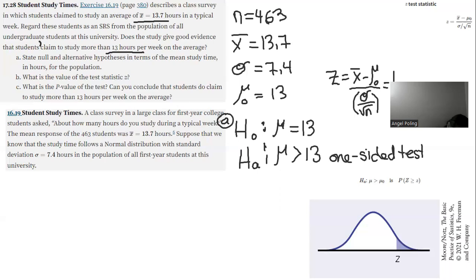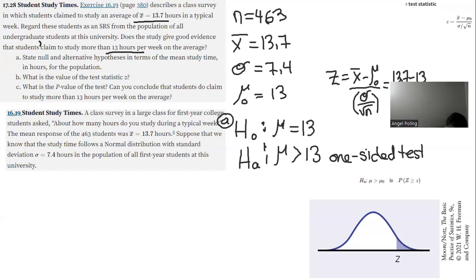So we have 13.7, take away 13, divided by 7.4, which is itself divided by the square root of 463.